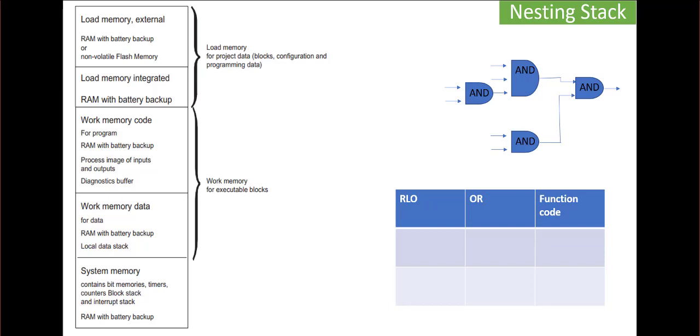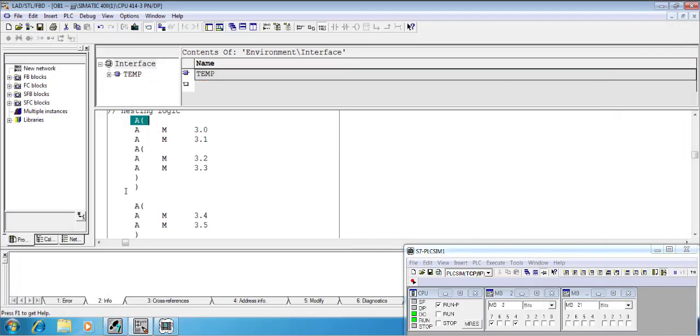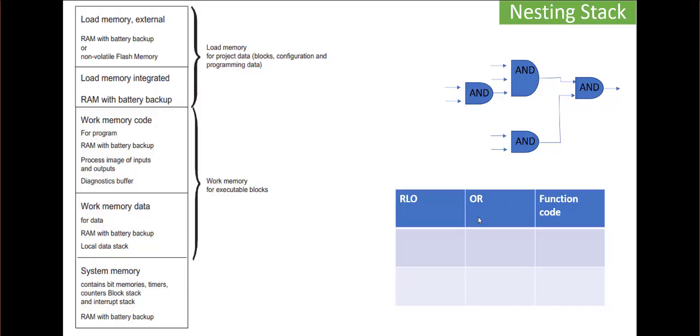And when the nesting closed instruction comes, it should use that entry and combine it with the result of the logic that was executed inside the brackets. So that's an overview of how the nesting stack works. But first, we need to know where the nesting stack lies in the memory map of the PLC.